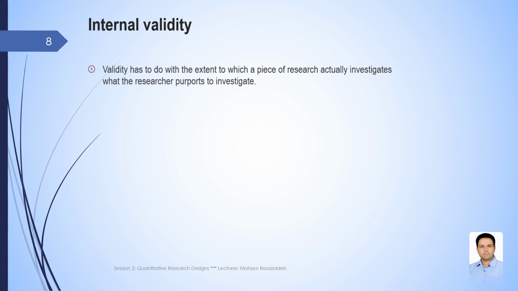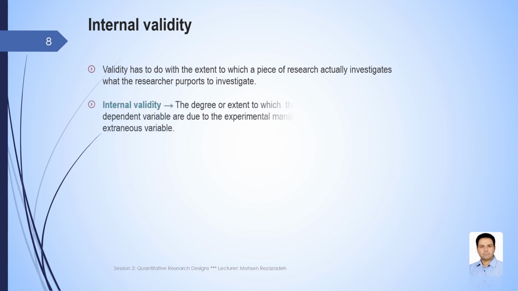Internal validity refers to the soundness of research, and external validity concerns the generalizability of the results. So, internal validity is the degree or extent to which the differences in the dependent variable are due to experimental manipulation and not some extraneous variable.